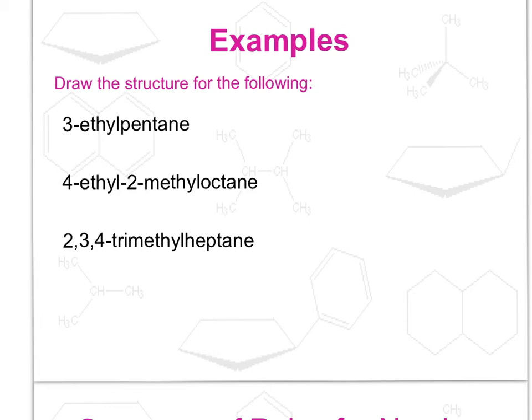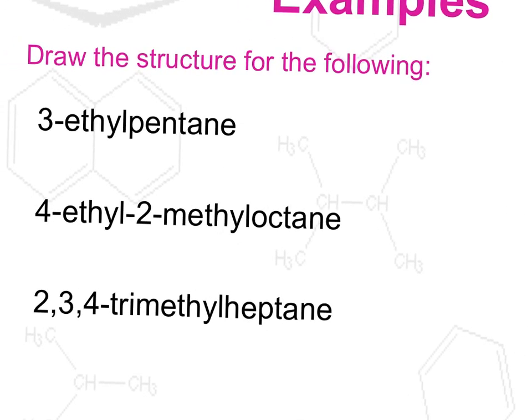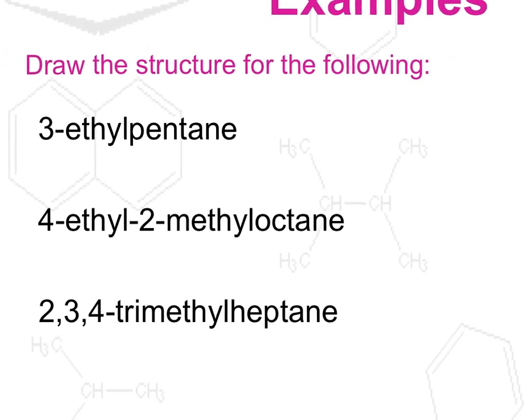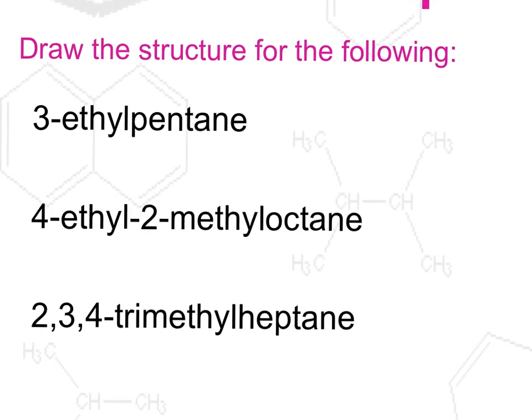Okay, now let's do the opposite. So now we have the name. We're going to try to draw the structure. So we're going to start with 3-ethylpentane. So what you look for first is the parent. So the parent is pent, right? It's pentane, so pent. That tells me 5 because of the pent.